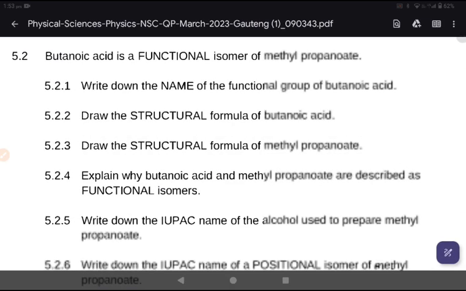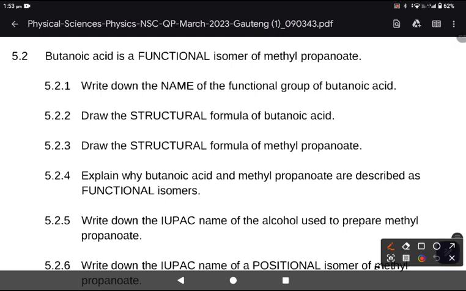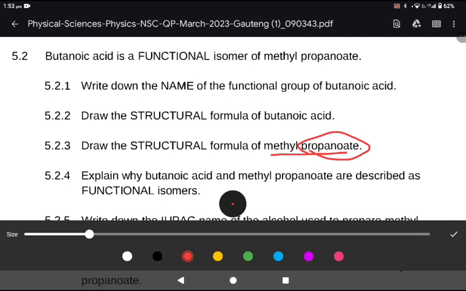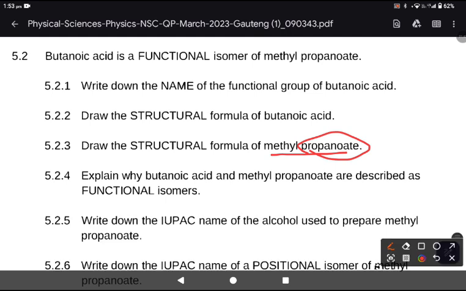Let's look at this. They said, okay, now go and draw. So when you draw methyl propanoate, you know this part is the one with the double bond O. So methyl will be the other part without the O. So it will be easy for you to say, oh, okay, hang on a minute.